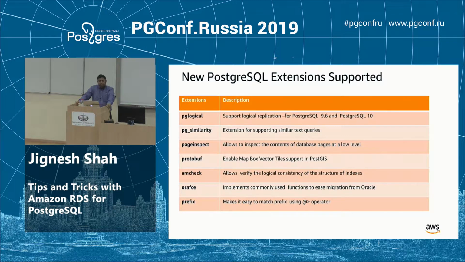Some of the other common extensions that we support are pg_similarity. So people who are doing machine learning, who want to find similar words, those kinds of algorithms, there is an inbuilt extension that does some of the work. We have started to support that. We also support Aurora FCE.